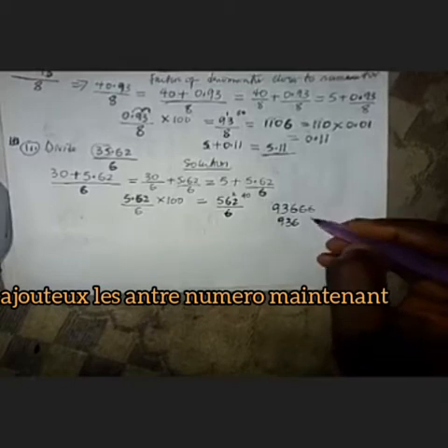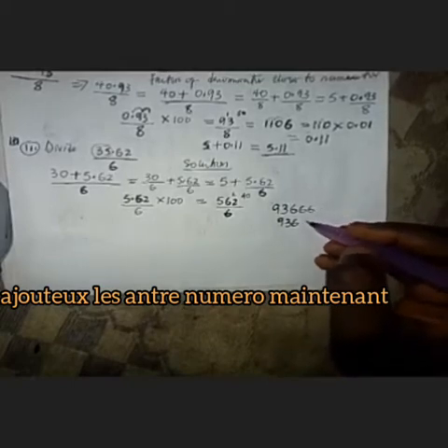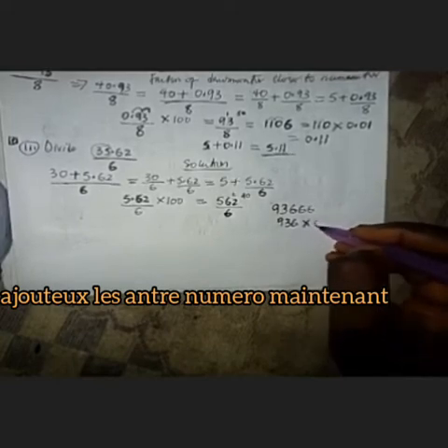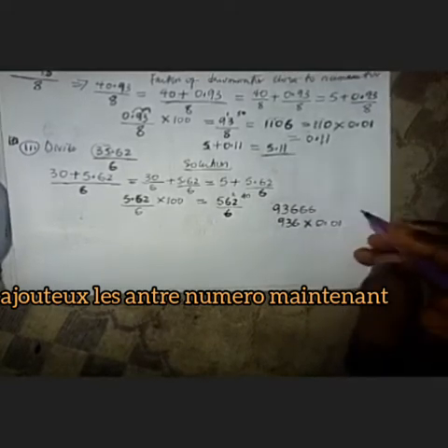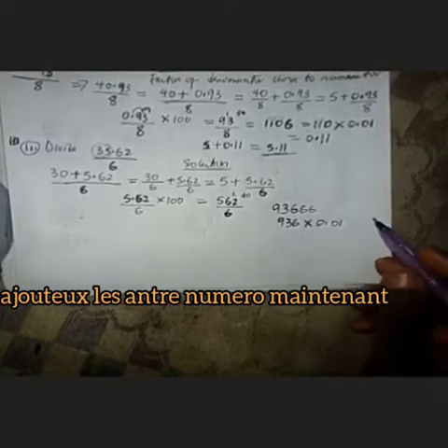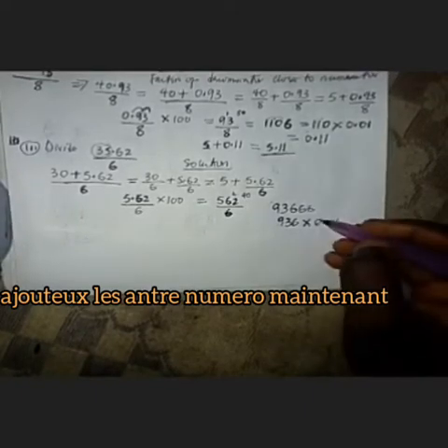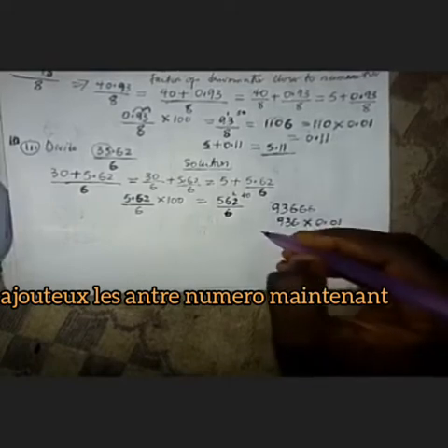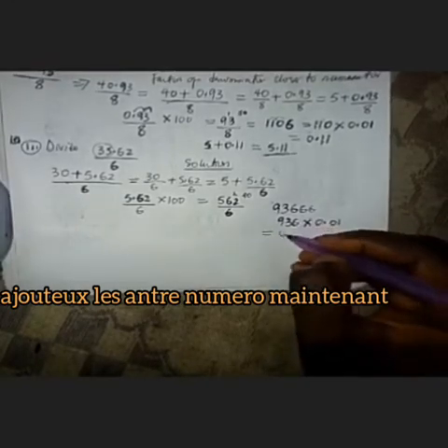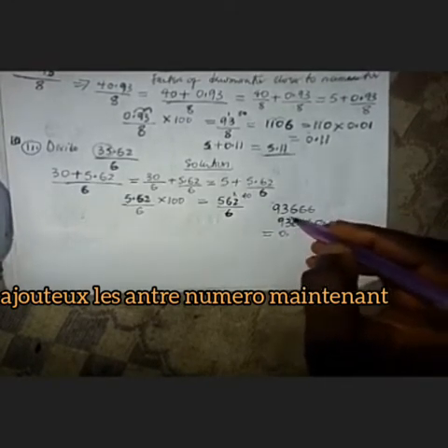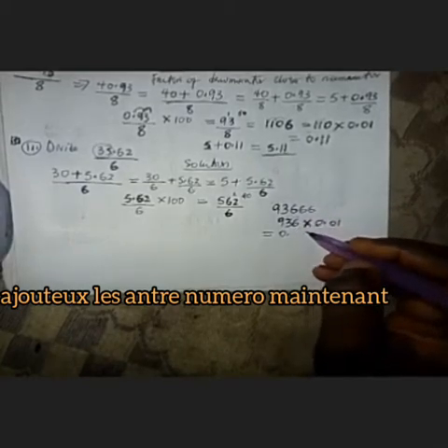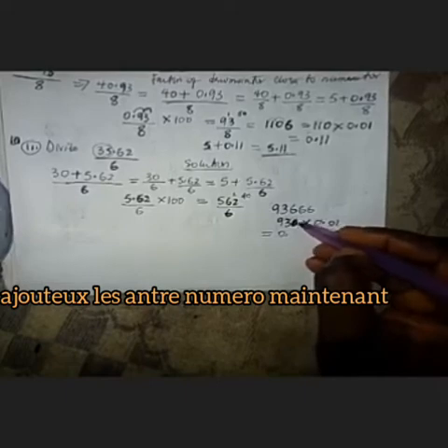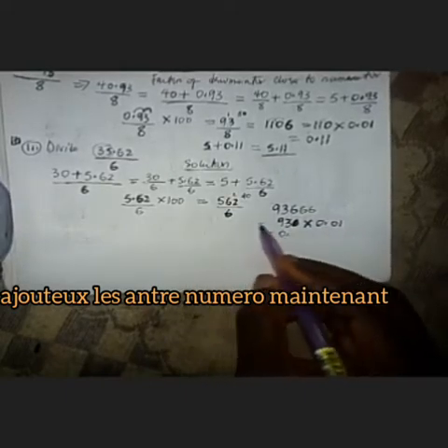So you now multiply it by 0.01. This one will not be there because the other parts will also be competing with this.